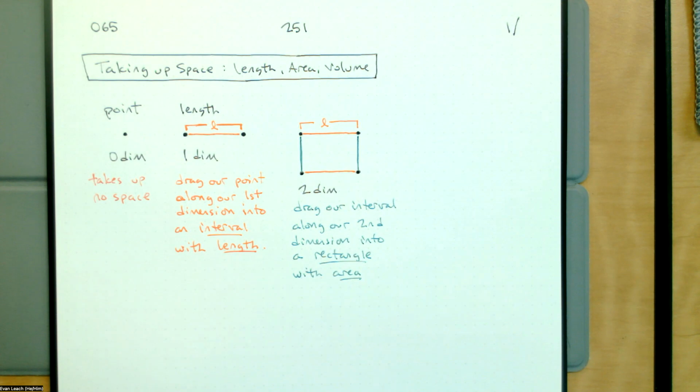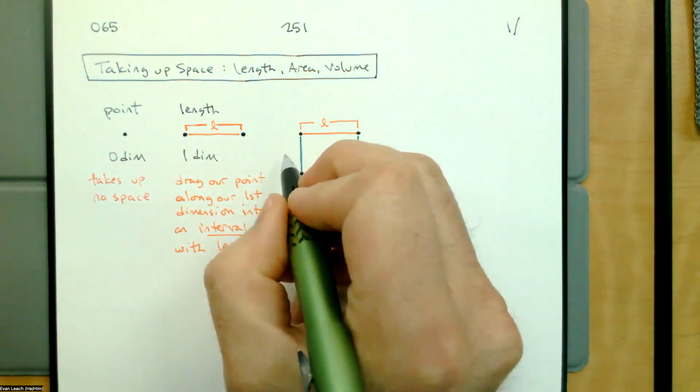So we drag our interval along a second dimension into a rectangle with area. This is not new. This is what we've done before. I'm going to say the distance that we drag it into our second dimension is going to be called the width.